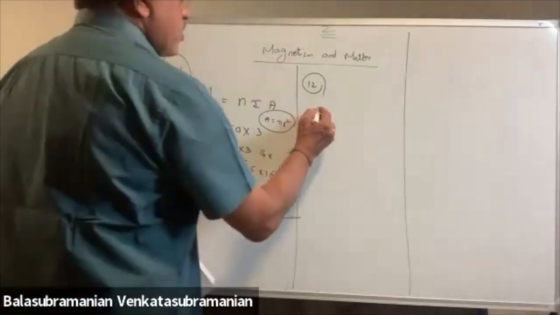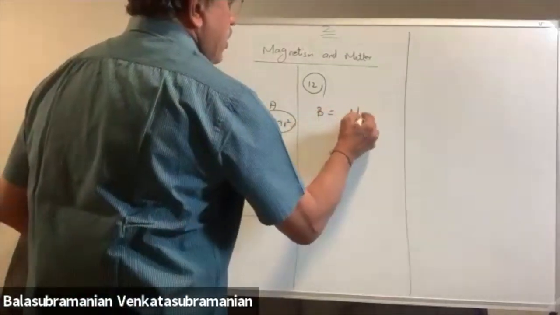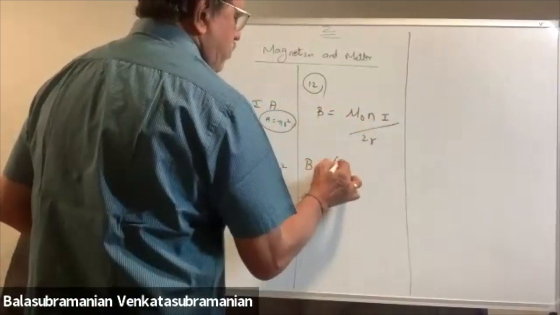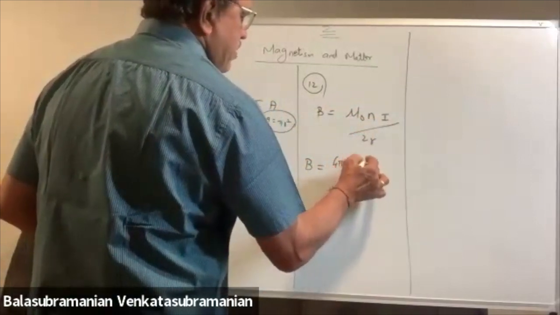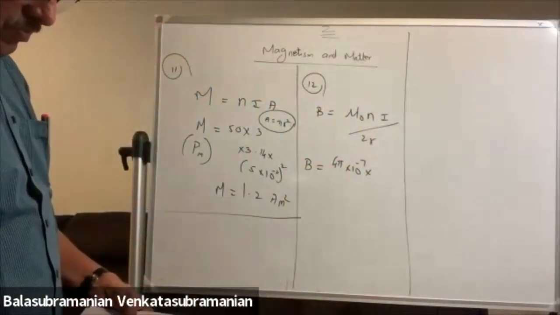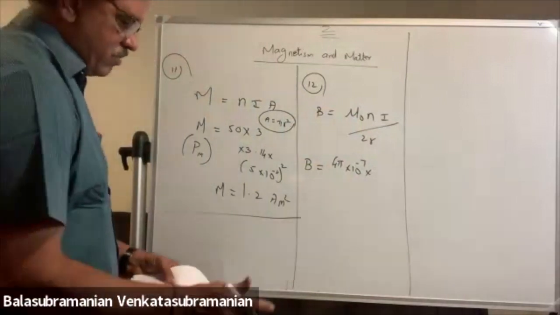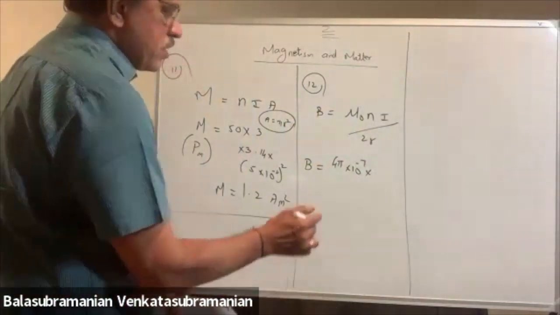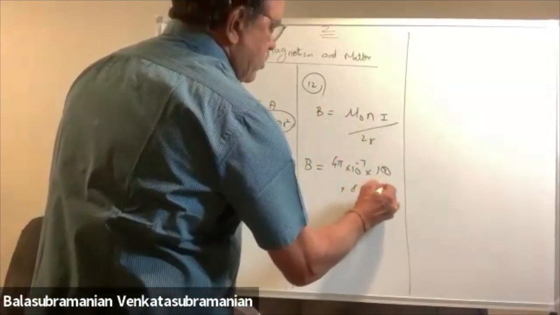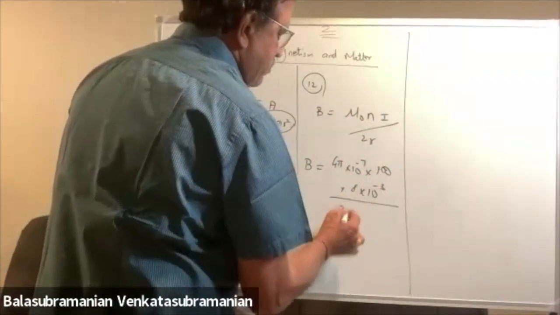B is equal to mu naught Ni by 2R. 4 pi into 10 power minus 7. Number of turns is 100. Current is 8 milliampere, 8 into 10 power minus 3.